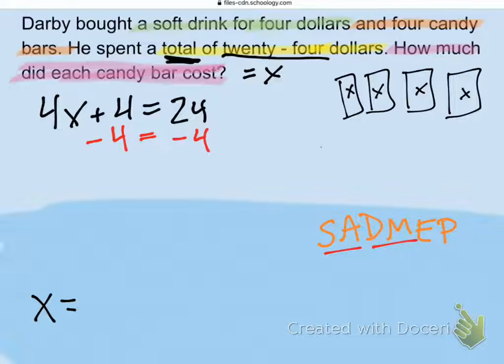Same exact on both sides. So plus 4 minus 4 cancels out. That's gone. So then I just bring my problem down. Now I just have 4x on this side. I still have my equal sign, and 24 take away 4 is 20.